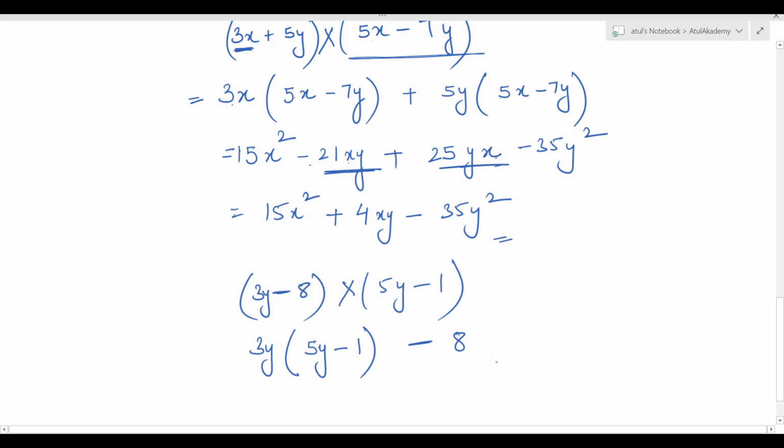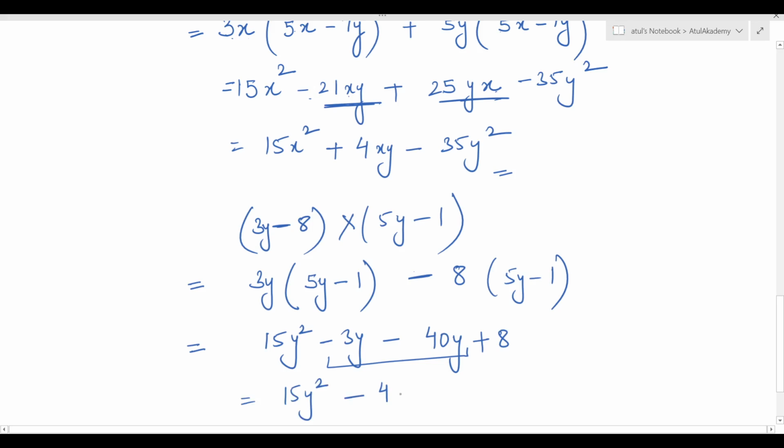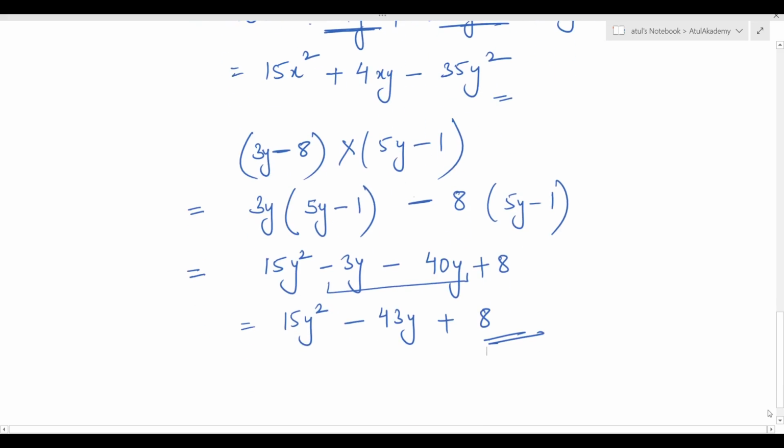Minus 8 will be multiplied by 5y minus 1. So let us multiply. 3 into 5, 15, y into y, y square, minus 3y, minus 8 into 5, 40, and y, minus 8 into minus 1 will be plus 8. Again, we have these two like terms, so we will simplify it. So it will become 15y square minus 43y plus 8. This is the way we multiply all these things.